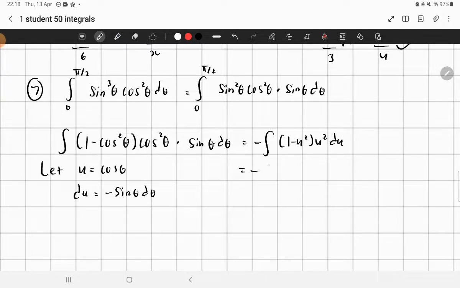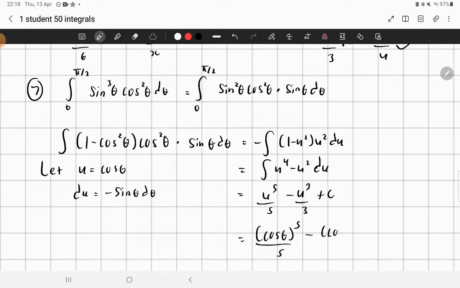I'm going to get rid of the negative, so by expanding it I will have u to the power 4 minus u squared du. Now solve, well, this is elementary. So cosine theta to the power 5 over 5 minus cosine theta to the power 3 over 3 plus c.